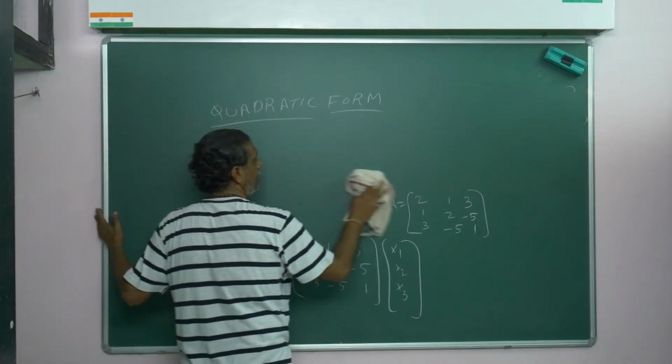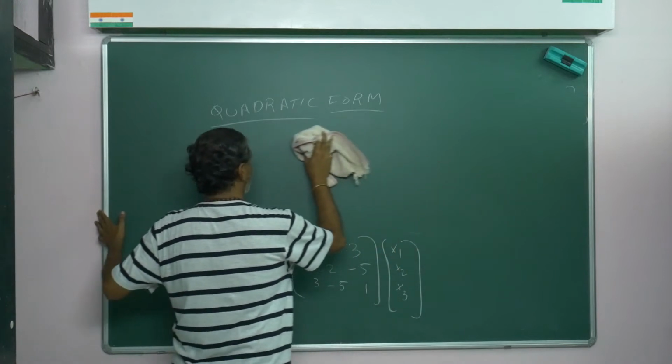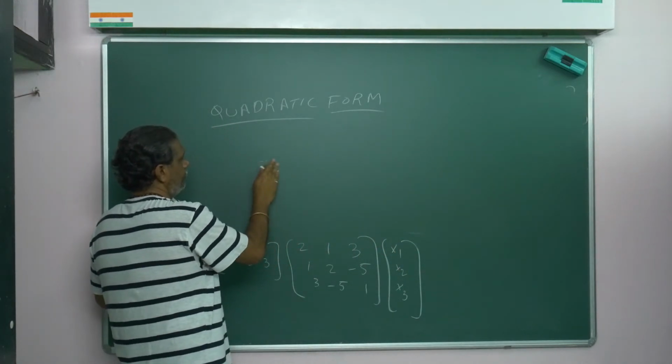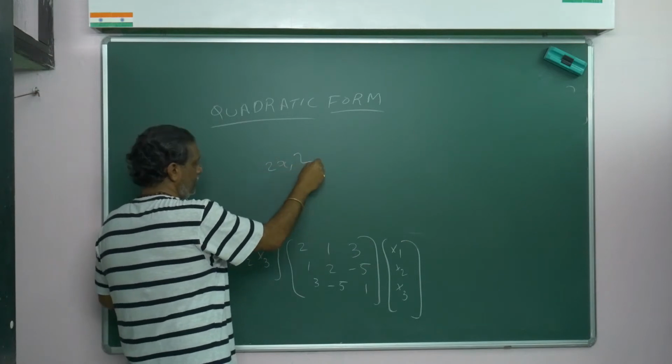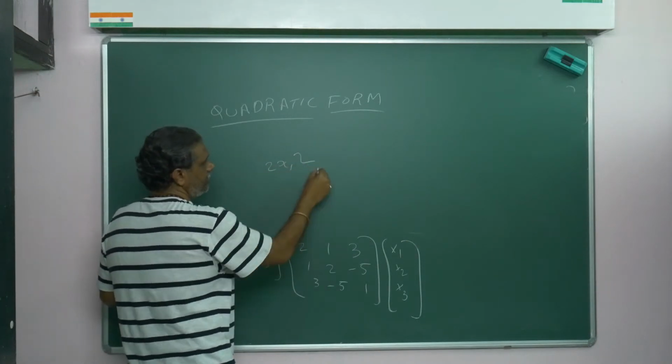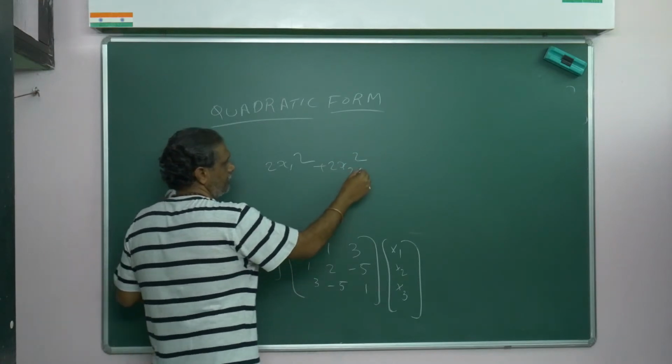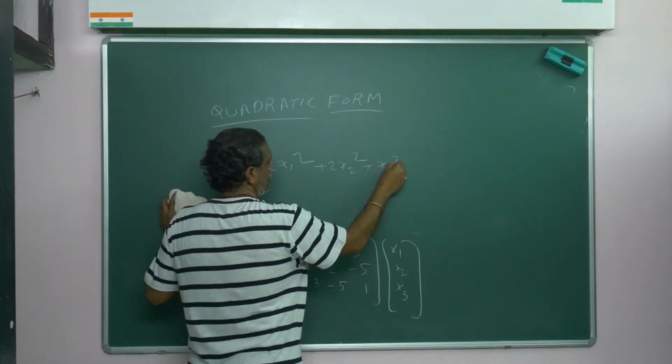If they ask you to write the quadratic form, there is no need to multiply; you can blindly write it: 2x1 square, 2x2 square, x3 square.